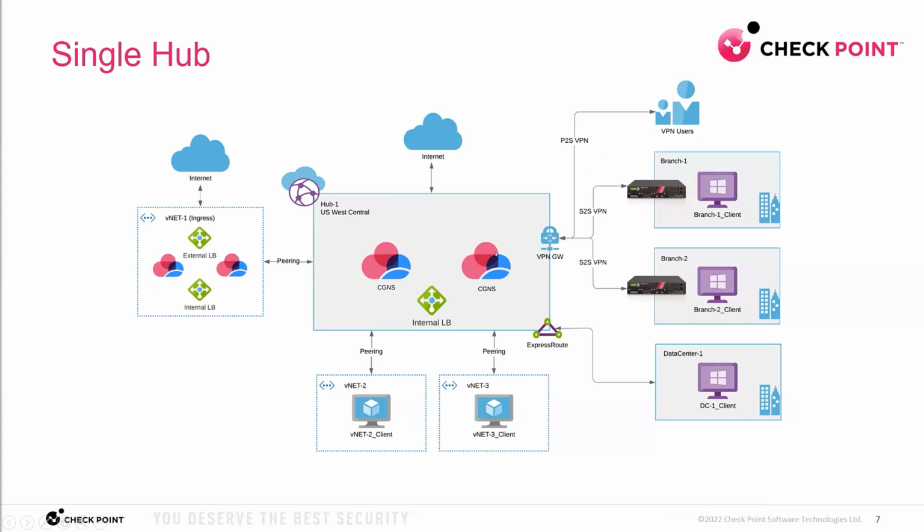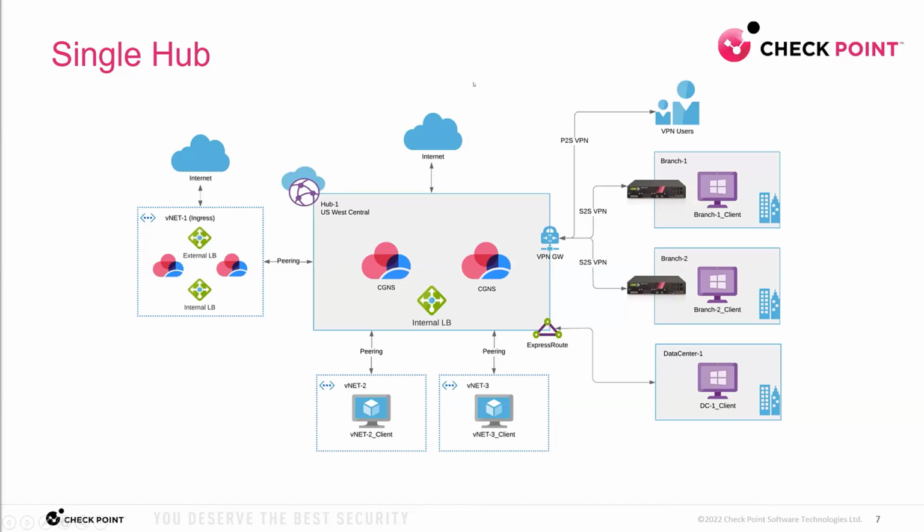If it's site-to-site, ExpressRoute, or the VNet, we are going to inject the routes, and we are going to see later that all of the spoke VNets are going to get the default route to the internal load balancer. It's going to be configured automatically, injected. So the default route is going to be to the internal load balancer in order to reach the internet.